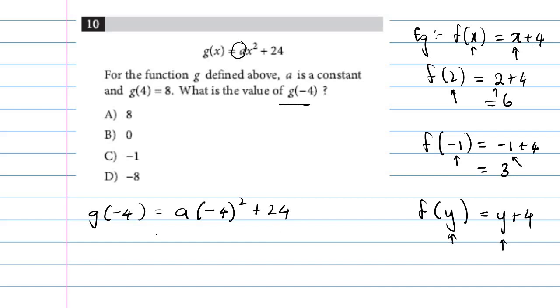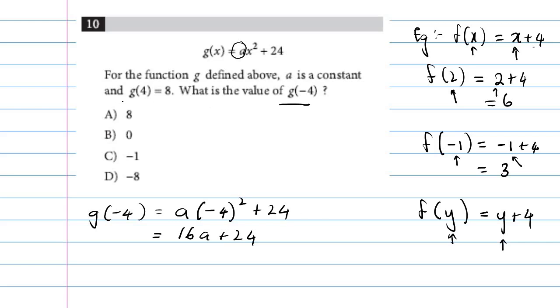This becomes 16, because when you take the second power of a negative number, the answer is positive. So you get 16a plus 24. But what is 16a plus 24, because we don't know anything about a?